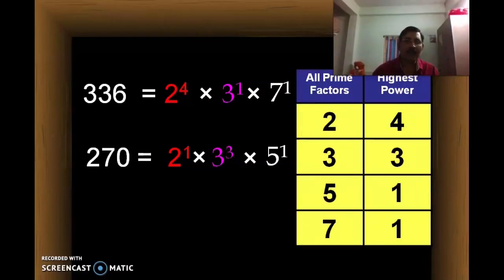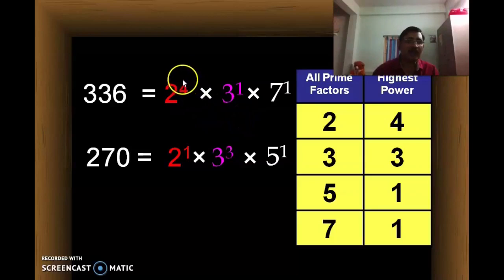Then after that, here we consider all prime factors. Means first we write down the common prime factors 2 and 3. Then other prime factors in the first number, that is 7, and other prime factors in the second number, that is 5. Now for HCF we took the smallest power, whereas here we consider the highest powers.